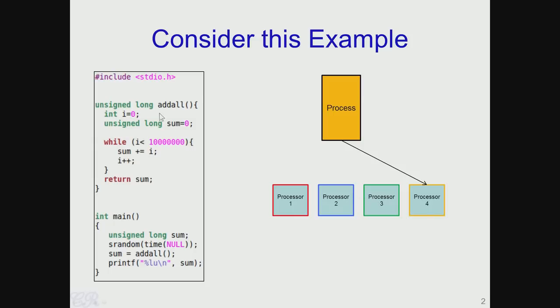Thus, the execution time of this program will be quite large, because the sum is found sequentially by iterating through all numbers from 1 to 10 million, as done in this while loop.